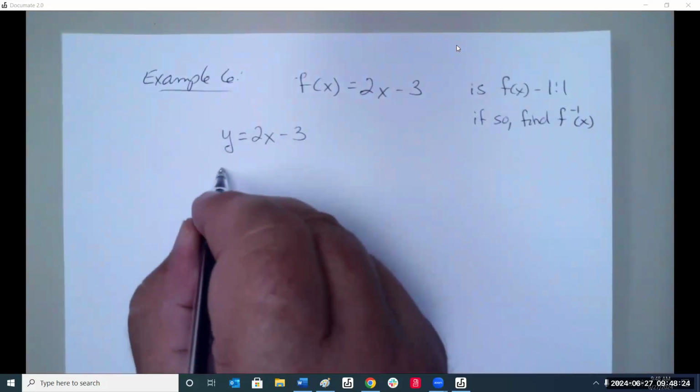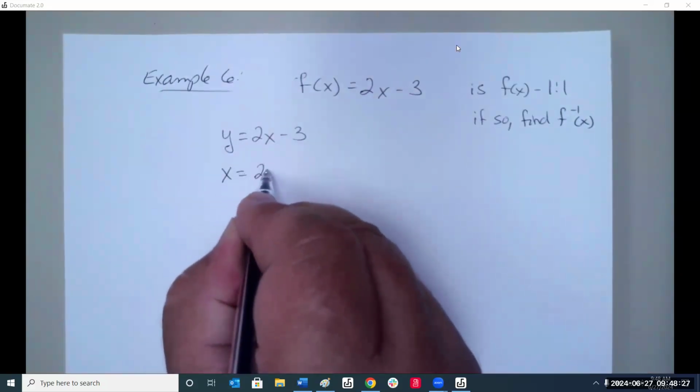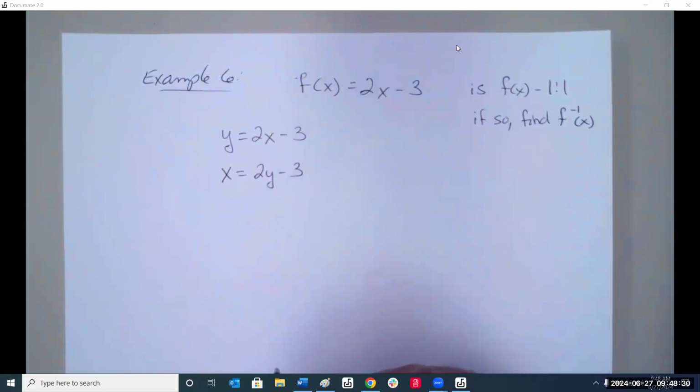First step, switch x and y, and solve for y.